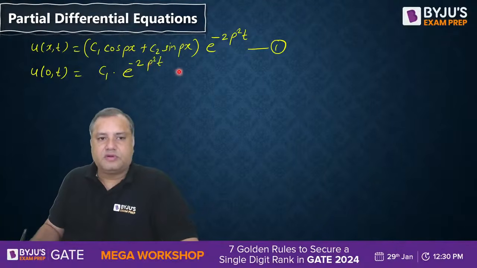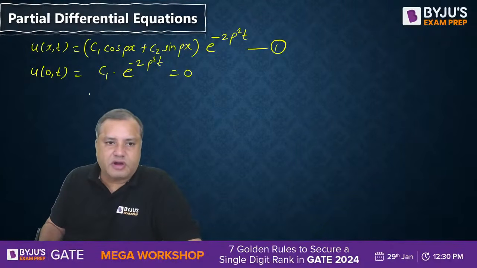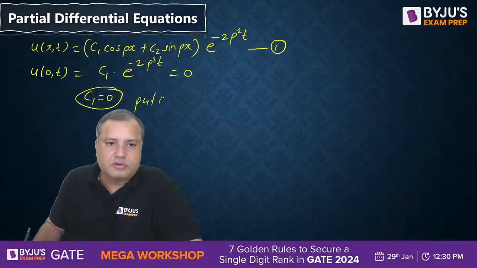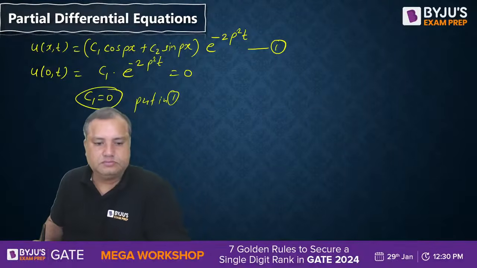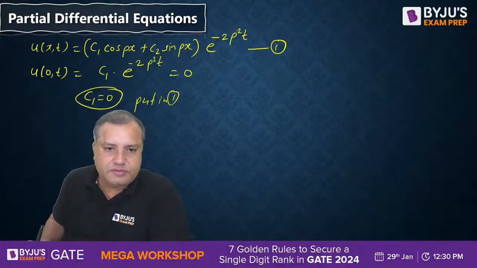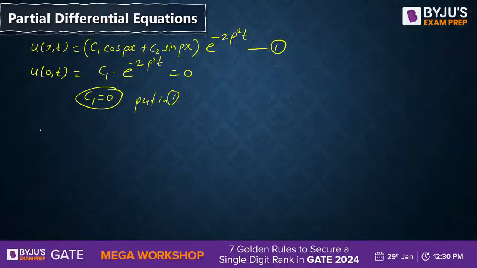Okay. Now this value is given as 0. It means C1 should be 0. Put this in equation 1. C1 is 0. So we are getting this equation 1 in compact form now.